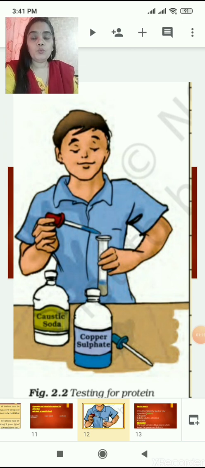So we have to do it very carefully, and always keep in mind not to try to eat or taste any of these chemicals. It's very harmful.